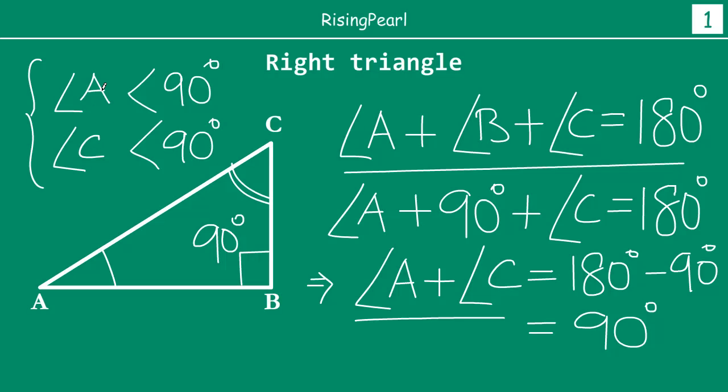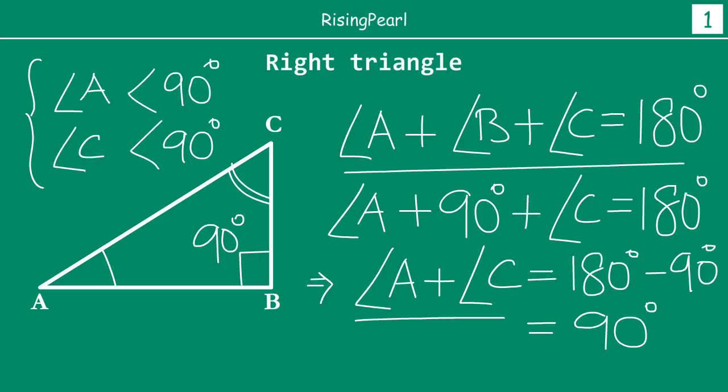That means angle A and angle C are acute angles. So friends, we talked about in the last webisode that we want to understand the world of trigonometry in the context of right triangles. So this is very important for this series that we understand whenever we draw a right triangle, the other two angles are acute angles.